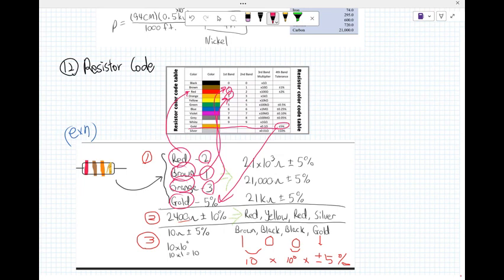So that was 21 with the third band as the exponential power, and plus or minus 5%. Okay, that is the answer.